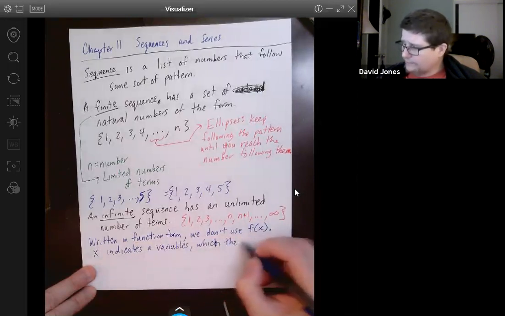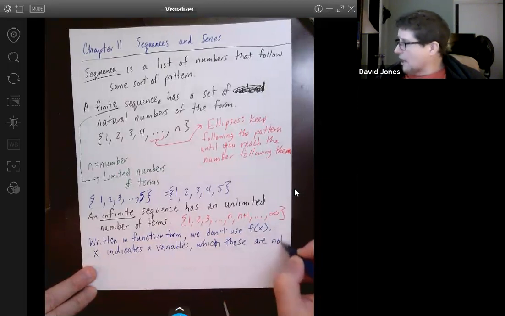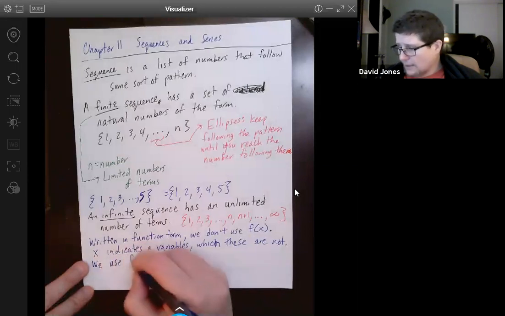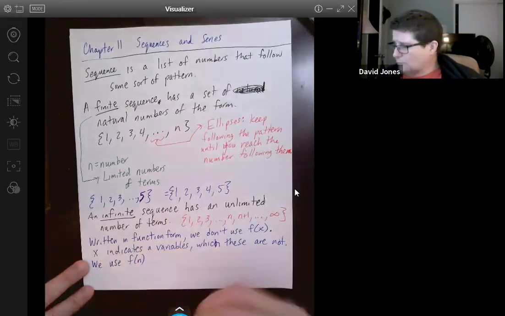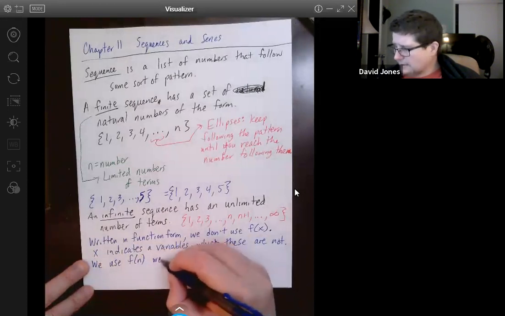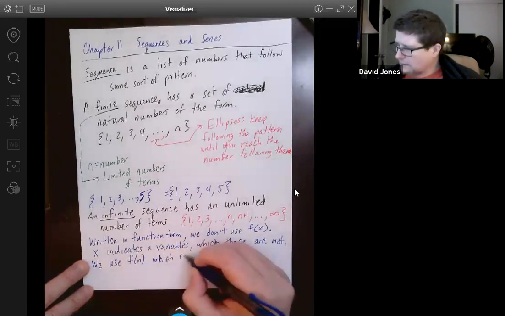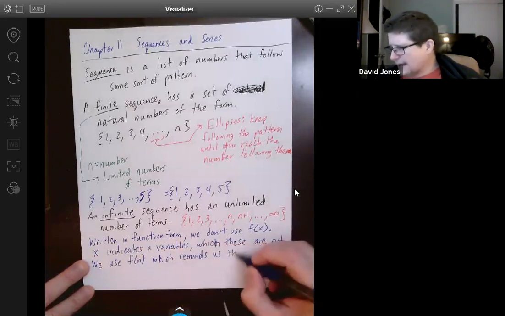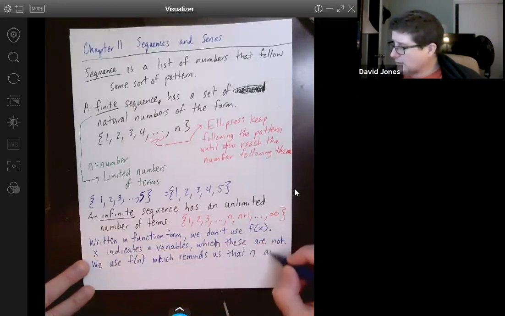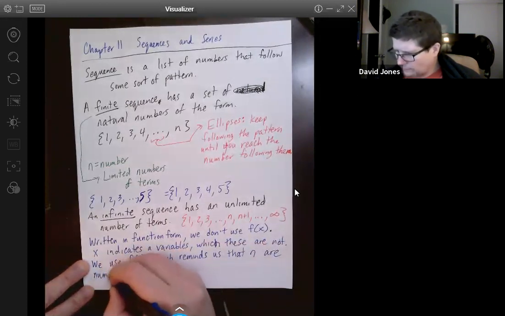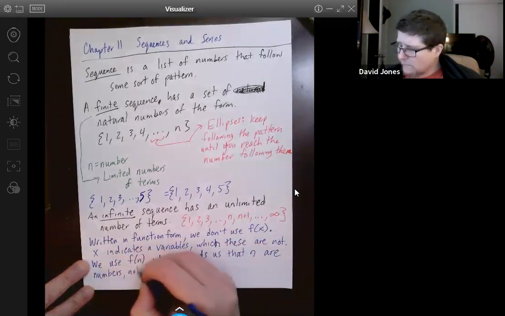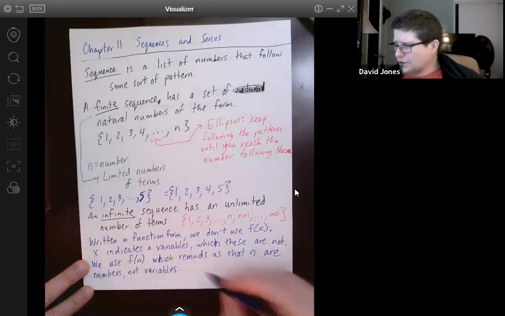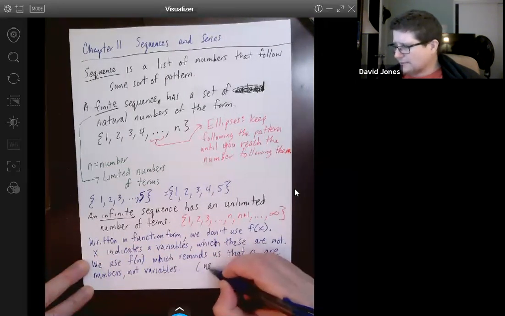So we use f of n, which reminds us that n are numbers, not variables, and they're usually natural numbers.